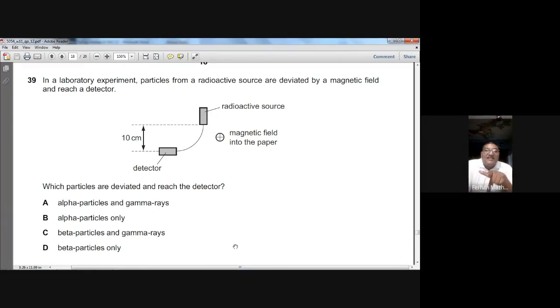This means that these charged particles are negatively charged, because the left hand rule is for the positive charges. But the charges in this example deflected opposite to what my thumb is pointing. So this shows that the charged particles involved here are negatively charged. It means that they are beta particles. So for question number 39, D is the option, beta particles.